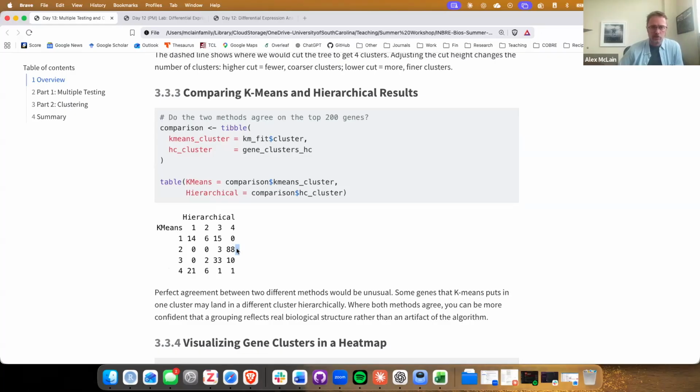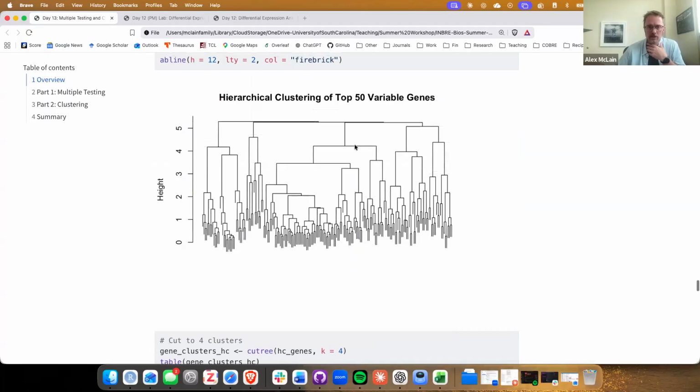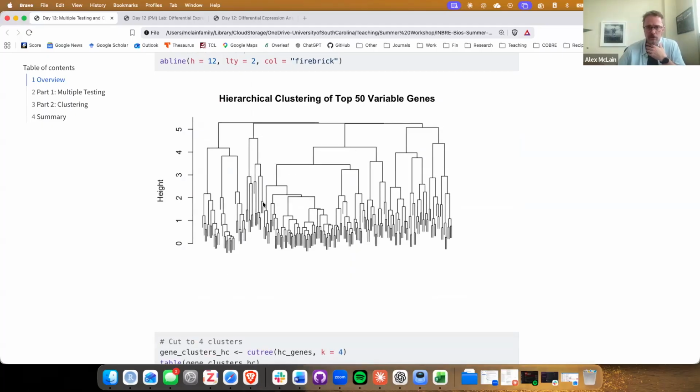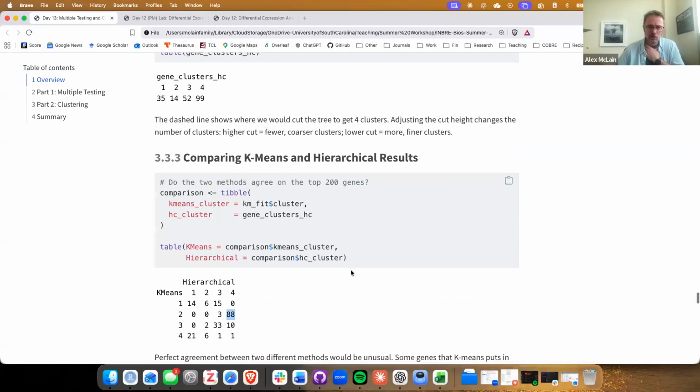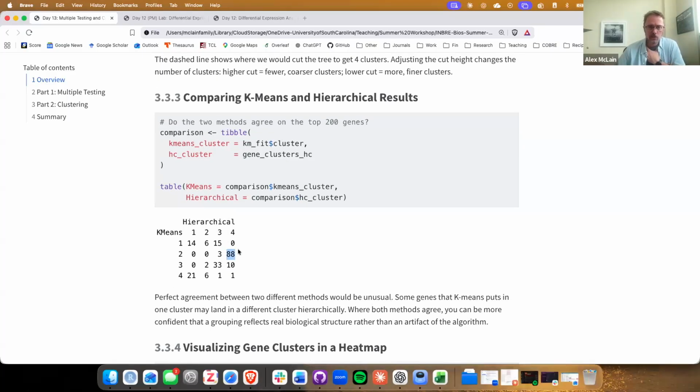So that k-means cluster 2, which is pretty large, appeared to have some good agreement with cluster 4 in the hierarchical results, and that is going to be this middle cluster, which is cluster 4. So most of those were from cluster 2 in the k-means algorithm.